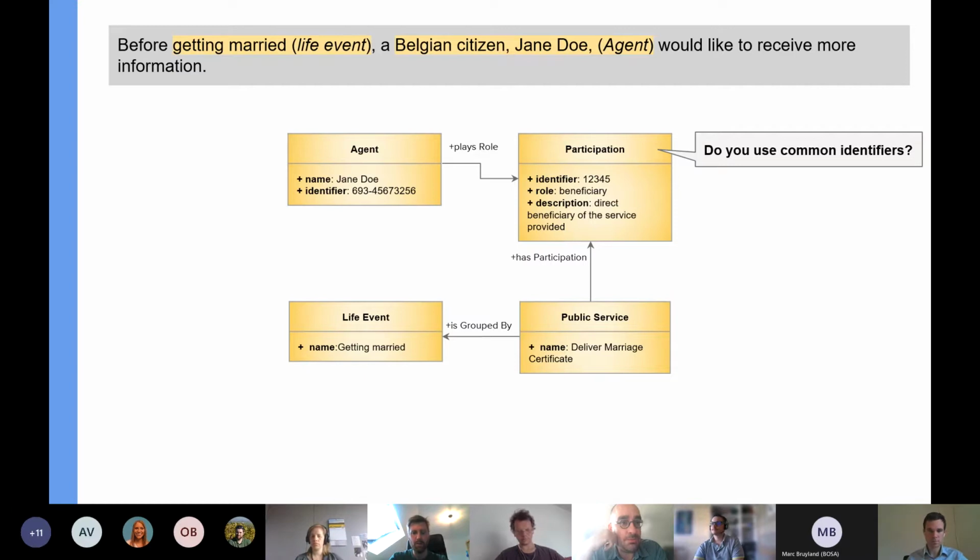For example, they receive subsidies from regions. So that means that you could have many instances of participations for one agent, I guess. Yeah. Okay. Yeah, that's clear, I think. And Thomas, I don't know if you want to add anything.